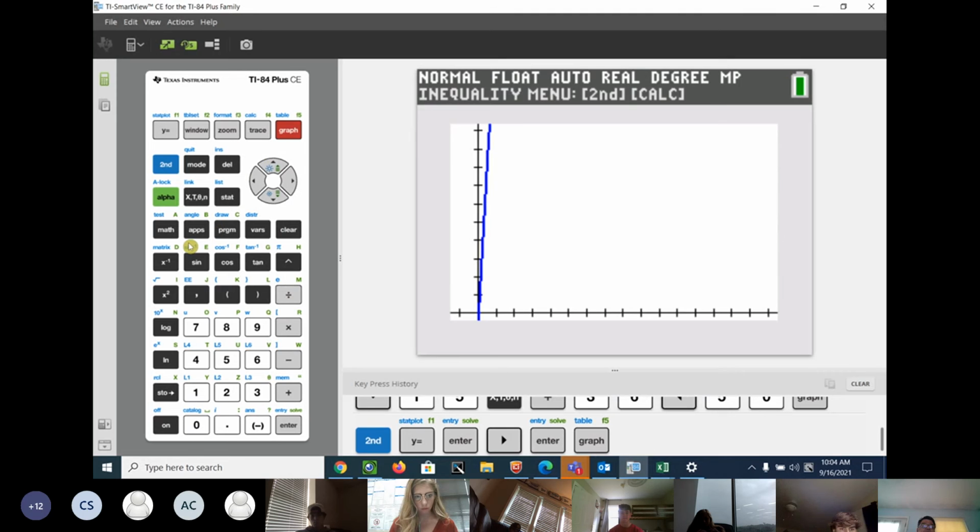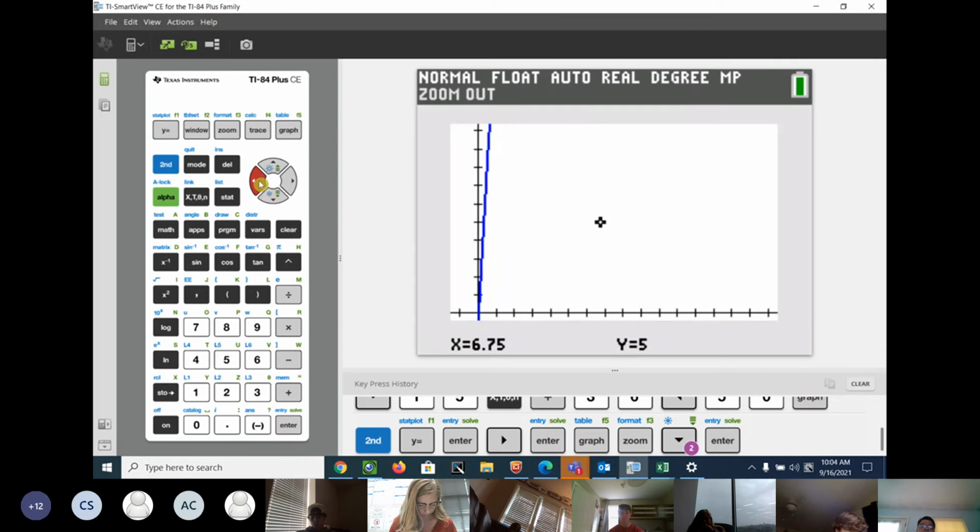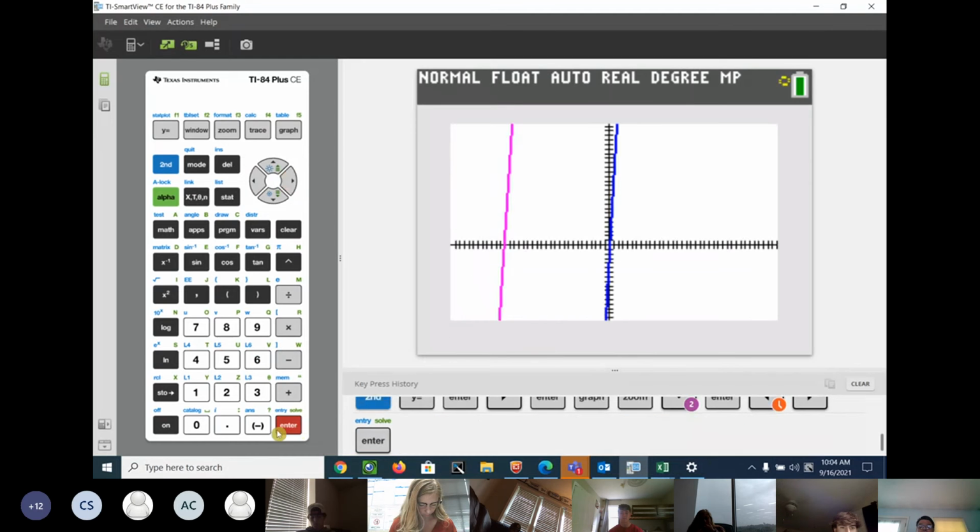And I need to zoom back. I could do zoom standard or zoom fit, but I'm just going to do zoom back because I'm one of those type of people. Oh my goodness, look at that. Looks like we got parallel lines. Zoom back.